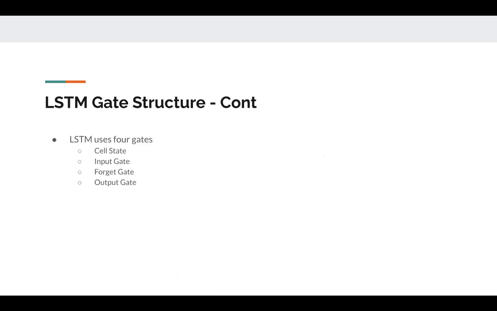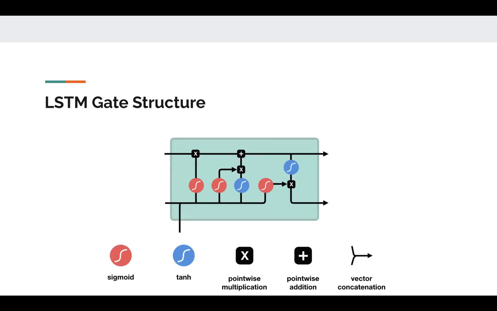So an LSTM has gates called cell state, input, forget, and output. Just remember these names and don't ask me what the cell states are here. I'll show that now, because you can see we have 5 functions and a lot of point-wise multiplications and additions.